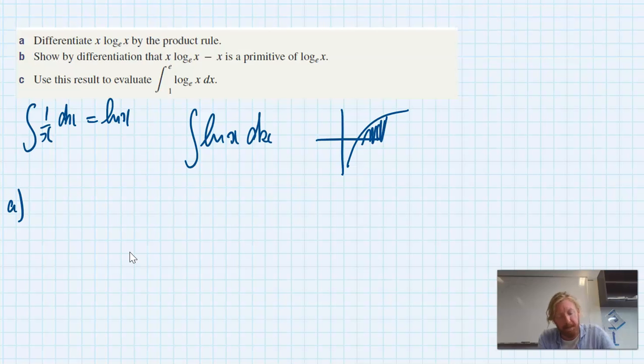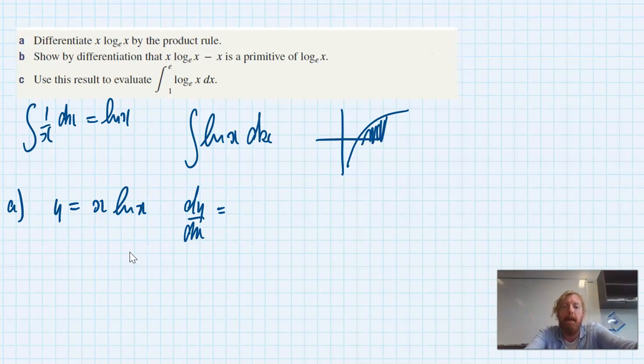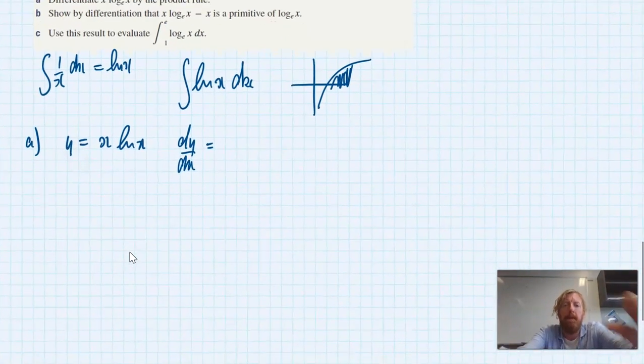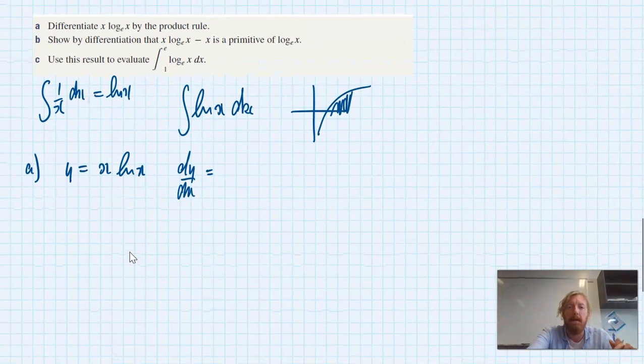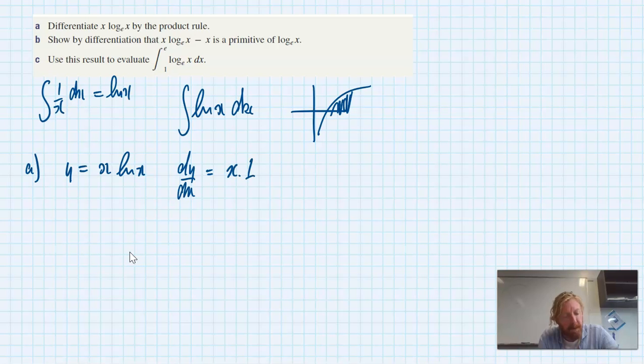Differentiate x ln x by the product rule. X ln x, dy dx equals product rule: hold one, differentiate the other, it's the derivative of ln x, plus hold one, differentiate the other.